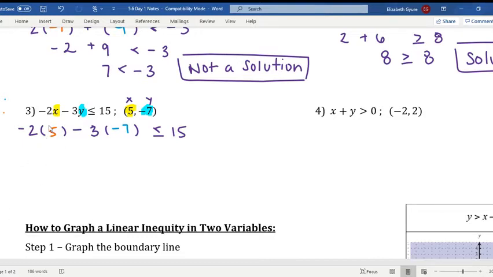You see where we have these parentheses here? Is there anything I can do with a number when you have a number outside of a parenthesis and a number inside? Do you remember, do I need to add, subtract, multiply, or divide these? Yeah, so I can actually multiply my negative 2 times my 5 and my negative 3 times my negative 7. Does that kind of make sense, Corey?